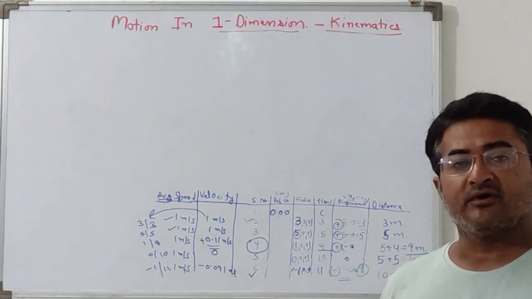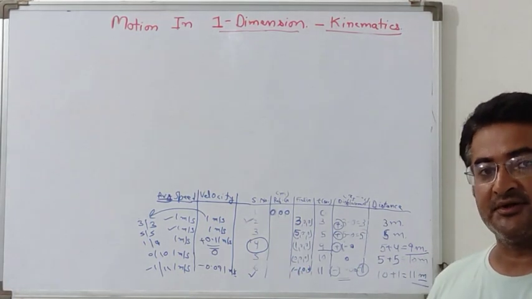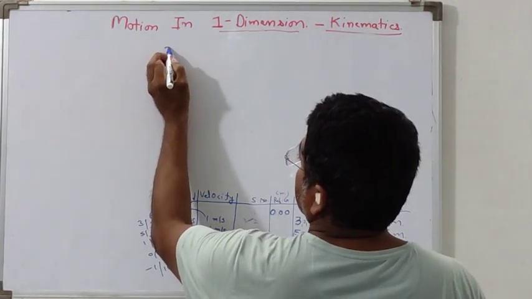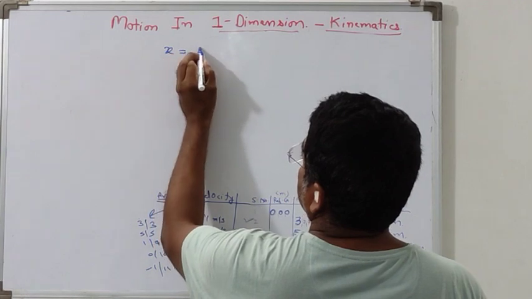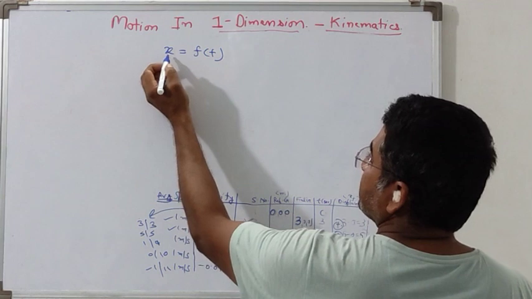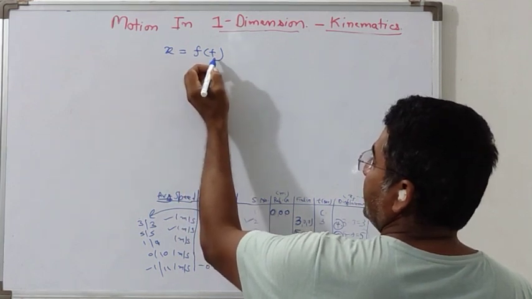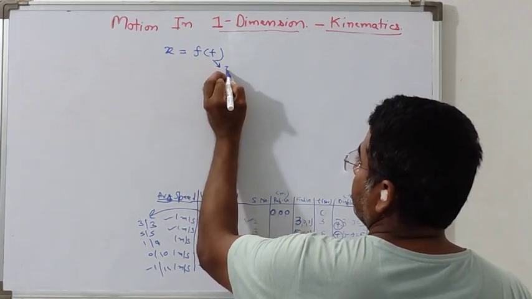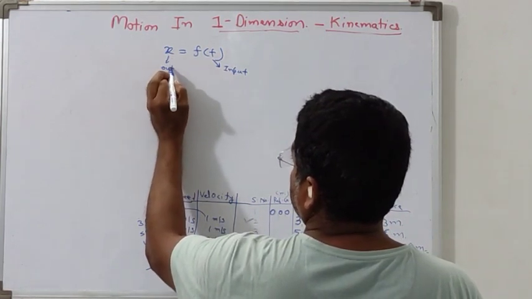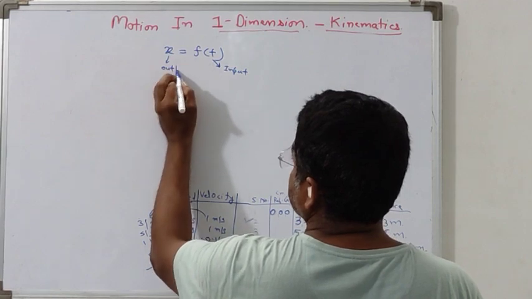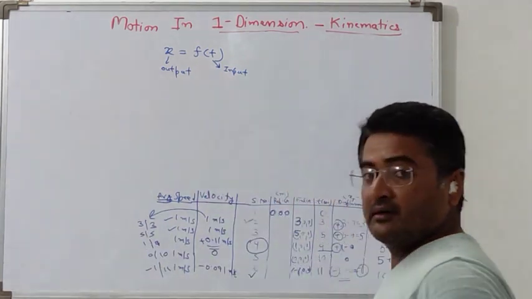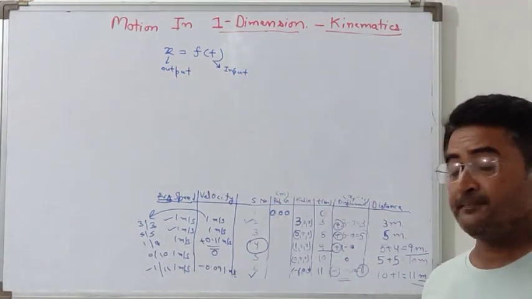Now applying our knowledge of functions to instantaneous velocity, we define a function x is equal to f(t), where x is the position of an object and t is the time. Here t is the input and x is the output, which satisfies this function definition. Currently, we assume any arbitrary function.